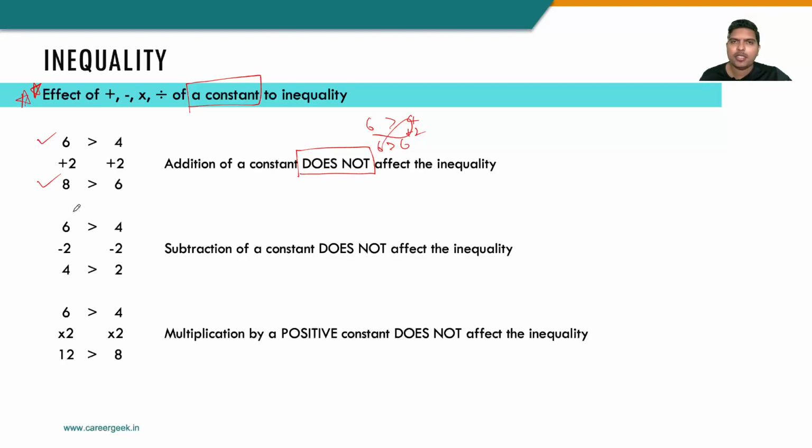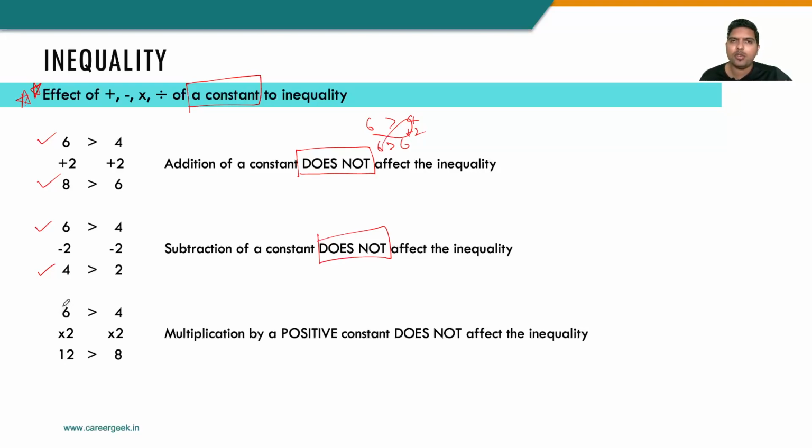The same if I subtract the same constant. 6 greater than 4, true. If I subtract, 6 minus 2 is 4 and 4 minus 2 is 2. 4 is still greater than 2. So subtracting a constant on both sides of an inequality does not affect the inequality. So addition and subtraction do not change the inequality.